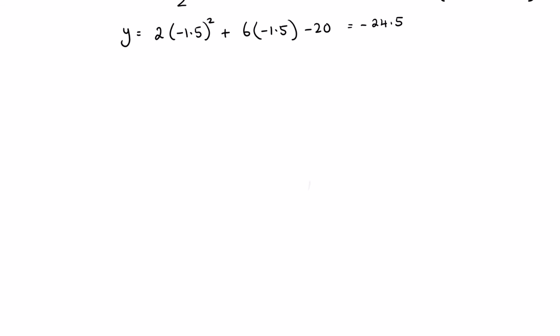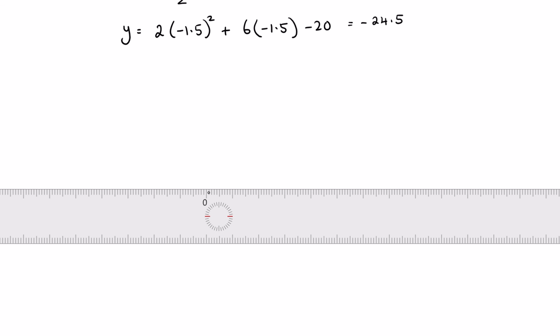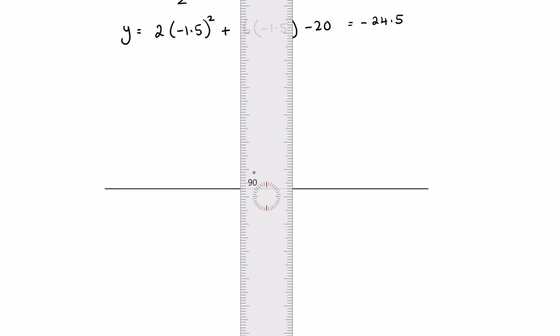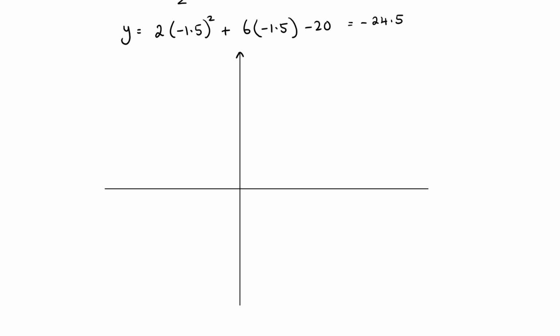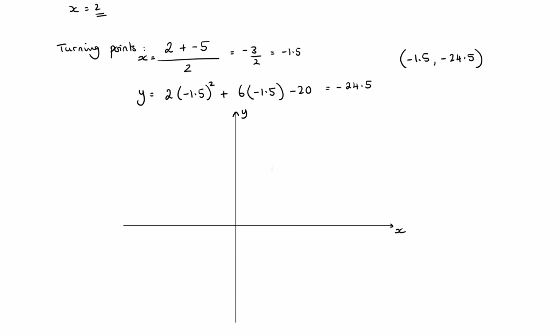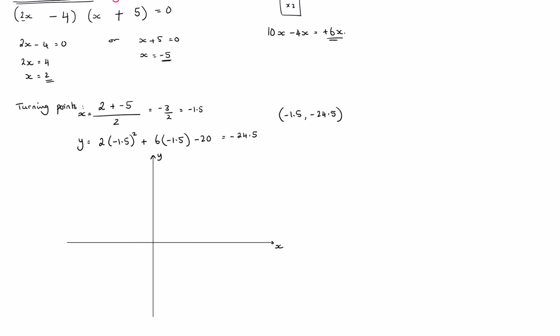So I'm going to get my ruler. I'm going to draw my axes. I'm going to label my axes with x and y. And you've got a 2 and a minus 5.